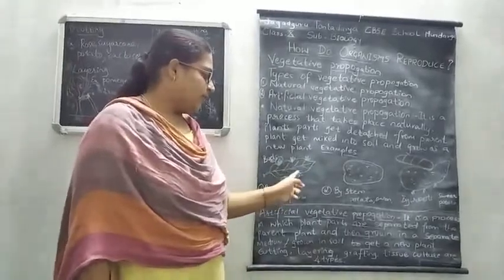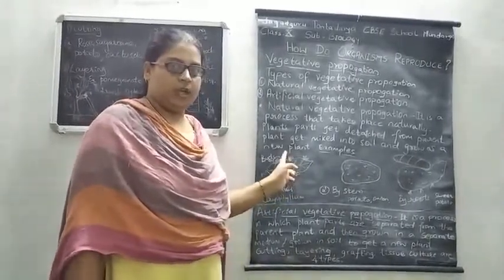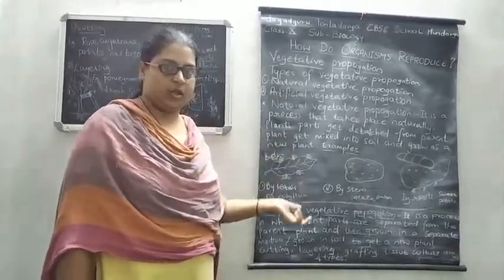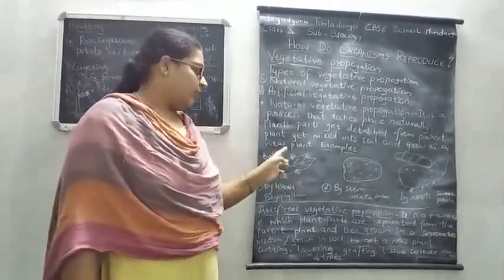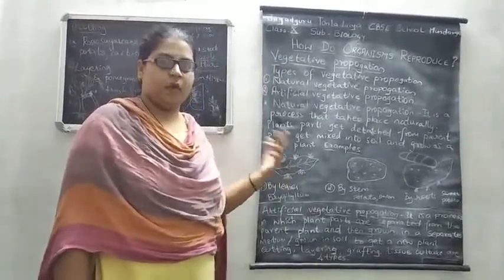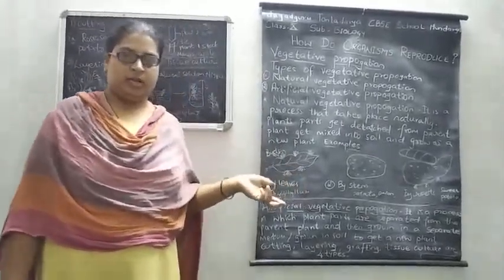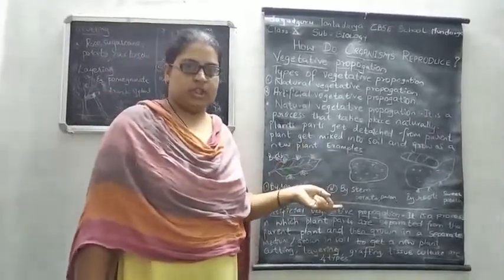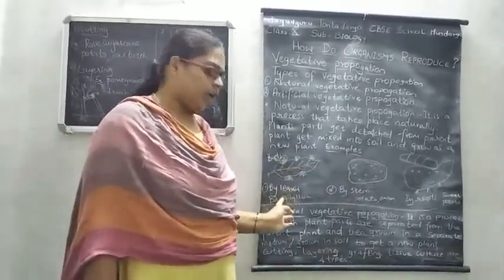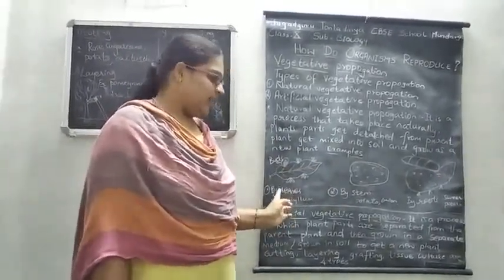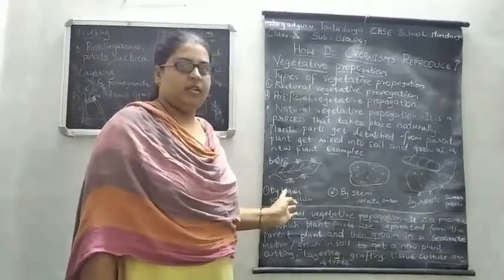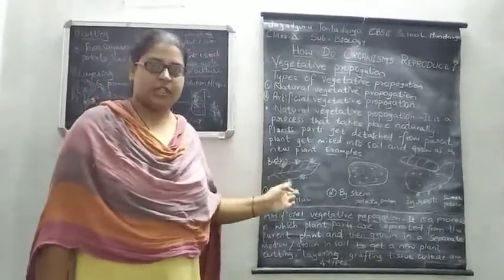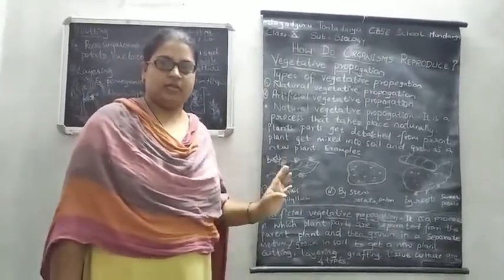These leaf buds fall off along with the leaf and get mixed into the soil, and after that these buds form a new plant. This is a type of natural vegetative propagation seen in the bryophyllum plant, and it takes place by the vegetative part, leaves. So it is also called vegetative propagation by leaves.